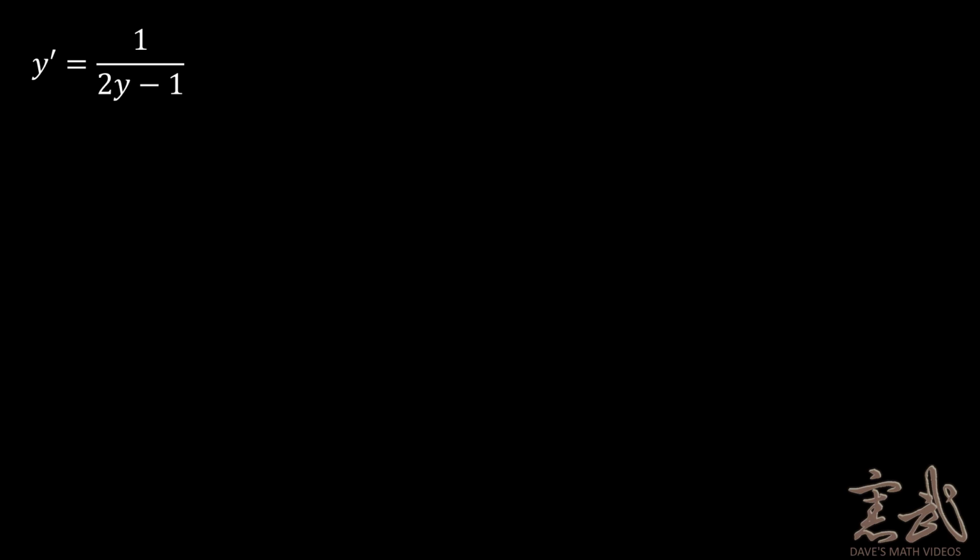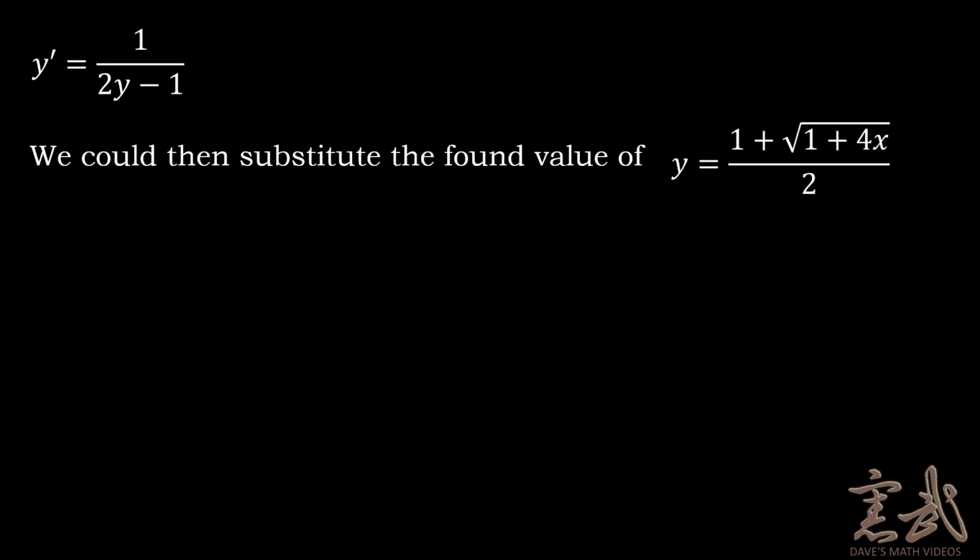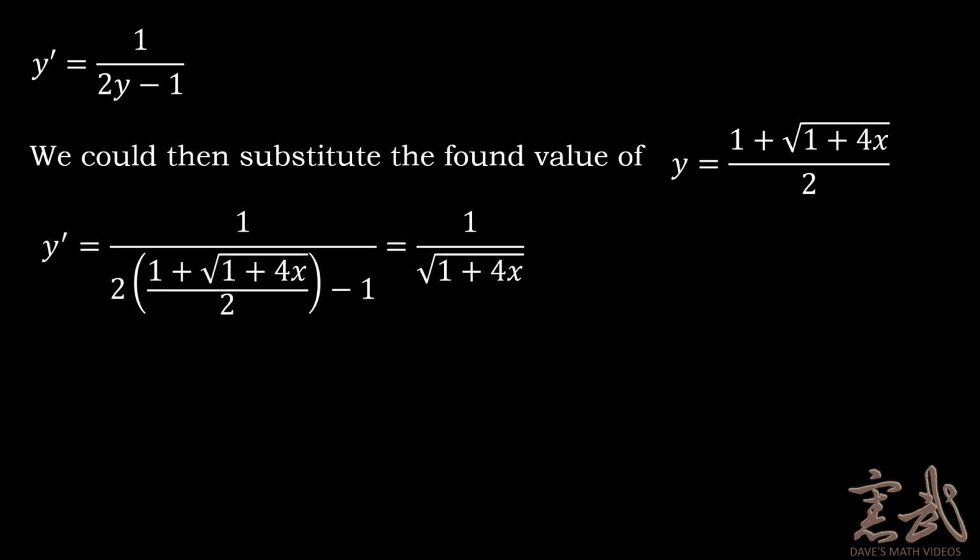We can now take this expression y prime is equal to 1 over 2y minus 1, and we can substitute the found value y equals 1 plus the square root of 1 plus 4x over 2. If we do this, we will find that we get the exact same derivative as we did earlier in this video, namely that the derivative of y is equal to 1 over the square root of the quantity 1 plus 4x.